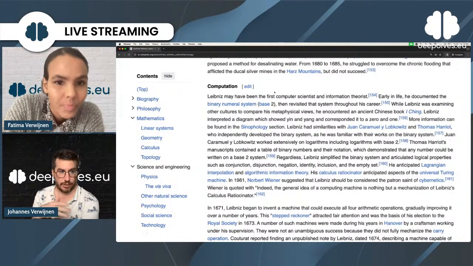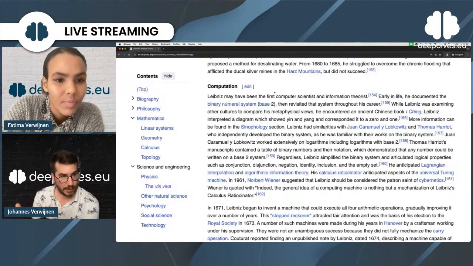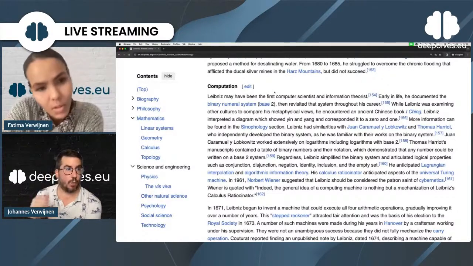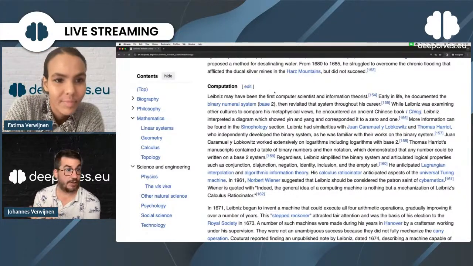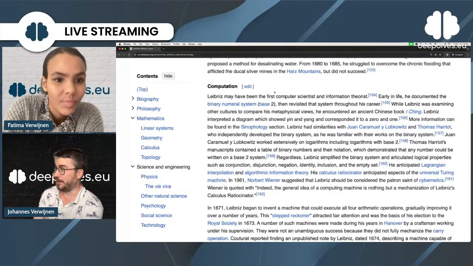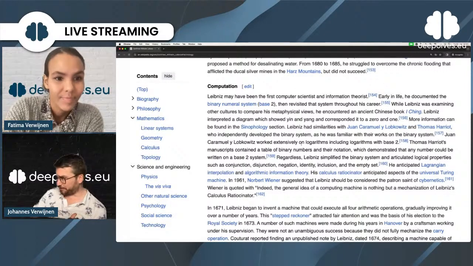We use binary in computers, meaning that if there is no electricity on a wire, then it's zero, and if there is electricity, it's a one. That's basically how all of the computing works with electronics. So we can again thank Leibniz for that.